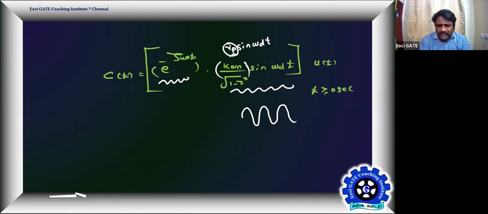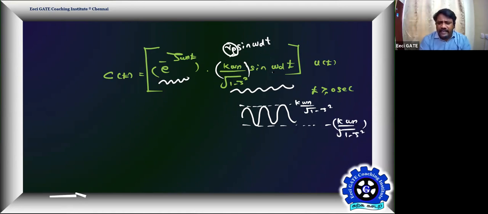Similar to that, it is a pure sinusoidal component with an amplitude k omega n by root of 1 minus zeta square. That's the peak, for better understanding, and this is Vp, and this will be minus of k omega n by root of 1 minus zeta square as the amplitude.